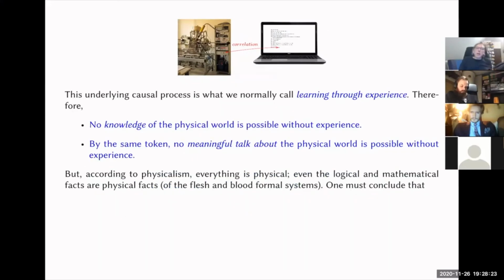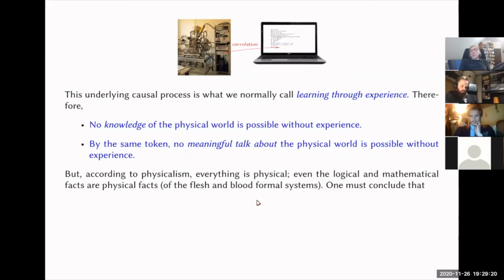In other words, taking into account that even the logical and mathematical facts, that is the traditionally so-called truths of reasoning, are a posteriori things, coming from experience, restricted experience about the formal system as a physically existing formal system, as a physical object.